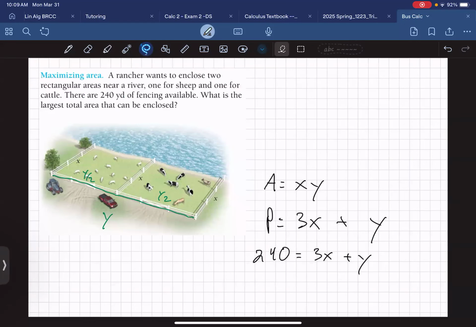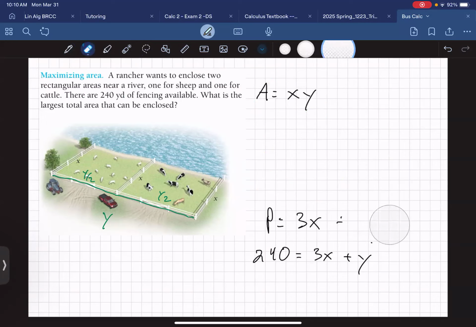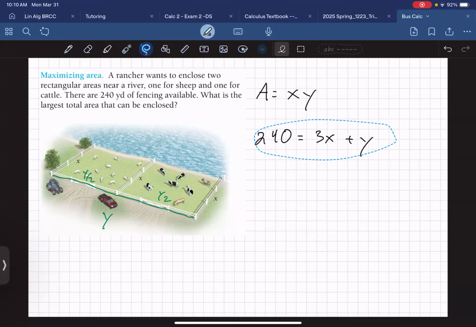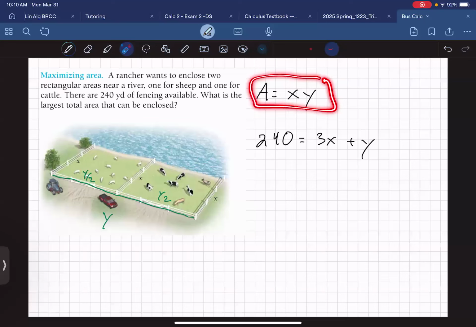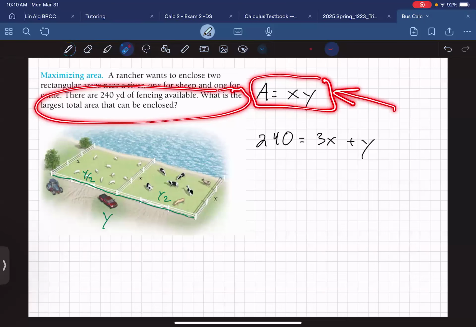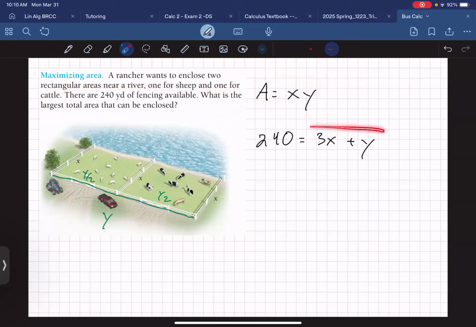Now, getting to these formulas is definitely an important part, right? So we have our area. I'm actually going to erase this other one, though, because we can begin to focus on this one, right? Now, this is the one that we're working with because we want to go find the largest total area that can be enclosed. So what I'm going to do is take our perimeter one and solve for Y. Now, you could solve for X or Y. It doesn't matter.